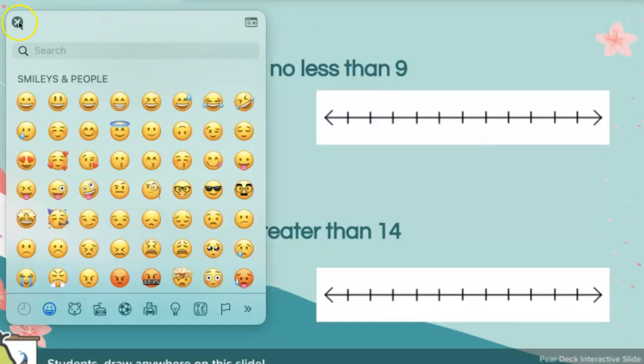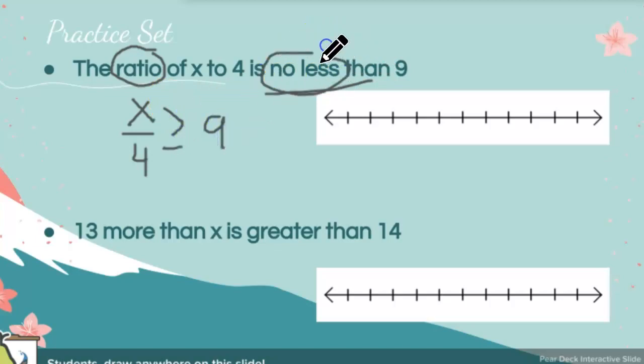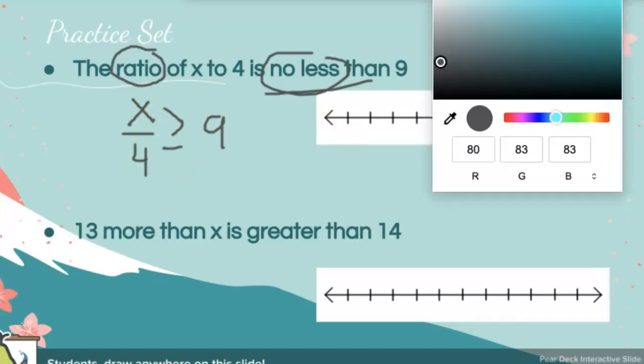So that's going to be x over 4. When it says no less than, it means it is greater than or equal to 9. If you say no less, it's always the opposite. So now we could just cross multiply. How much is 9 times 4? 36, correct?